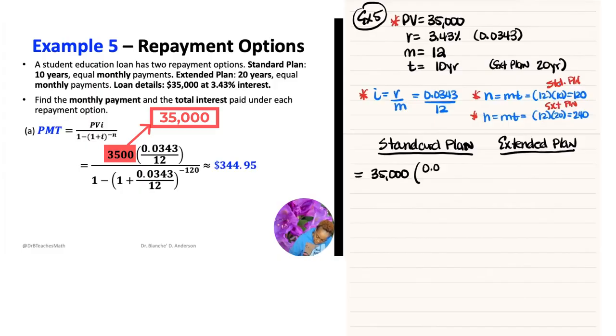Then 35,000 times 0.0343 divided by 12, and then divided by 1 minus 1 plus 0.0343 divided by 12 to the negative 120.